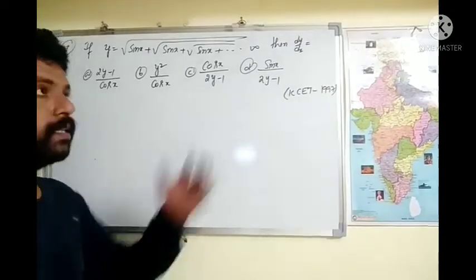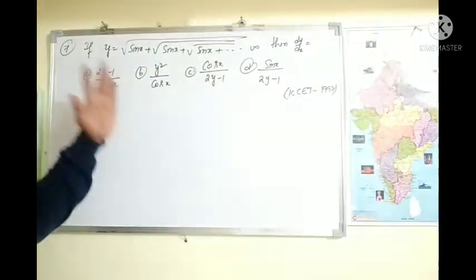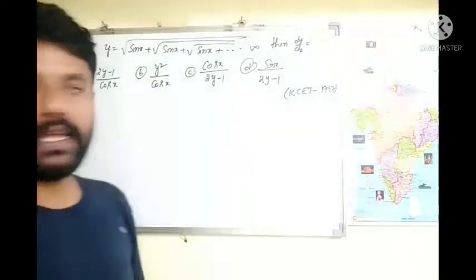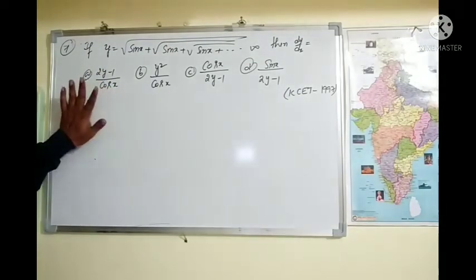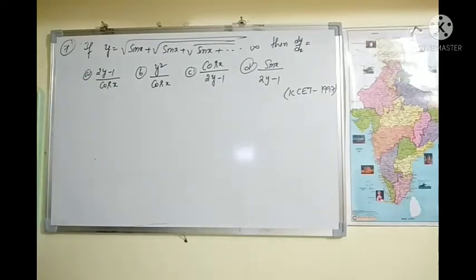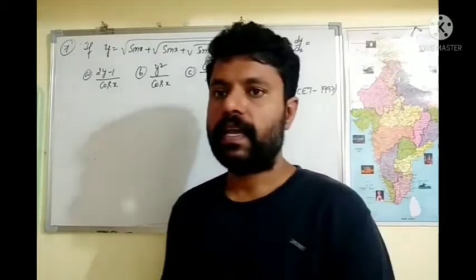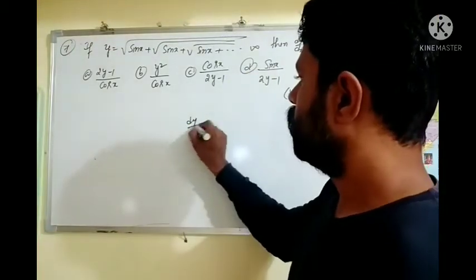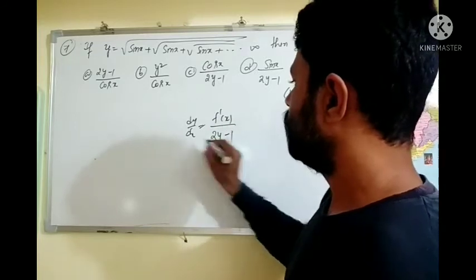So let's try another example. Here we have y is equal to root of sin x plus root of sin x plus root of sin x to infinity. Then dy by dx is. Here also we can use the standard result: y is equal to root of f of x plus root of f of x to infinity, then dy by dx is equal to f dash of x divided by 2y minus 1.